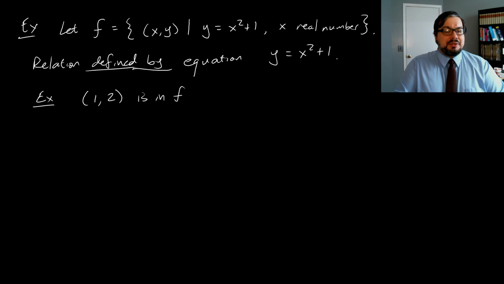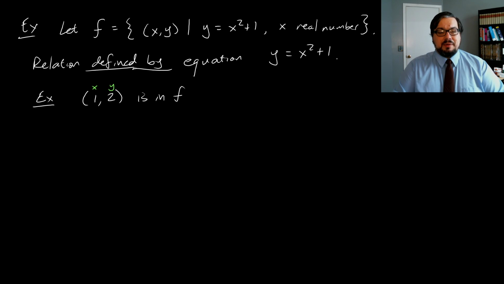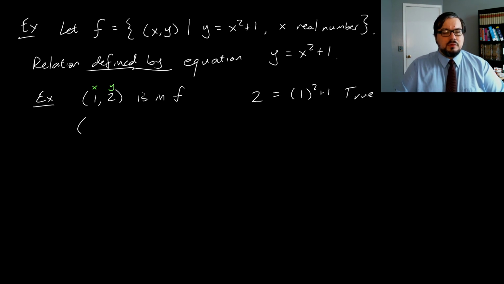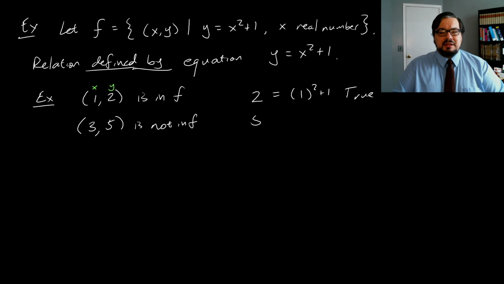And how do we know it's in F? Well, it's because if we plug these numbers, 1 and 2, into the equation, 1 going in for x, because that's the first entry, 2 going in for y, the second entry, we get 2 equals 1 squared plus 1, which is true. But on the other hand, if we look at the pair 3, 5, this is not in F because the equation 5 equals 3 squared plus 1 is false.